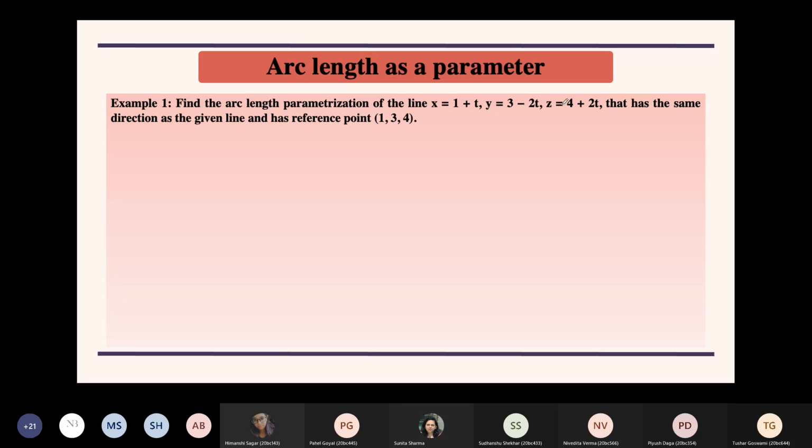Instead of using t, now you have to use s as your parameter, and the direction of the parameter is the same as the given line. So the line will have a certain orientation and we are taking s to have the same direction. And the reference point is this. These are the coordinates of the reference point. For example, if this is your line, then this is your reference point.